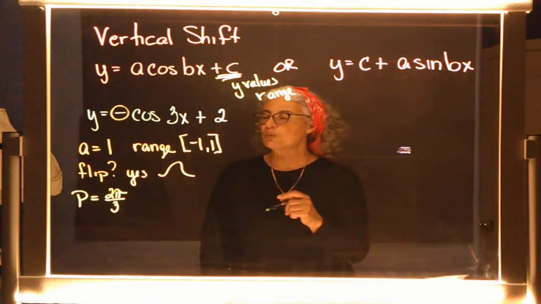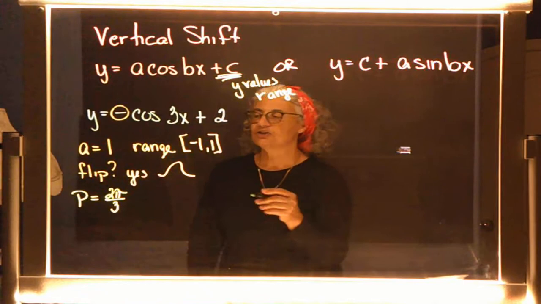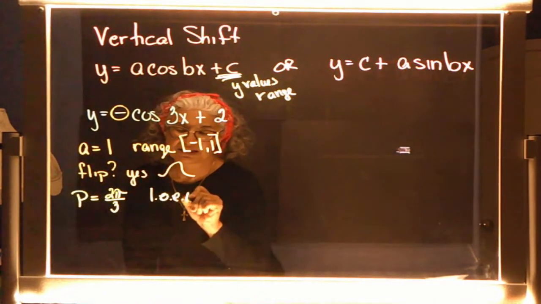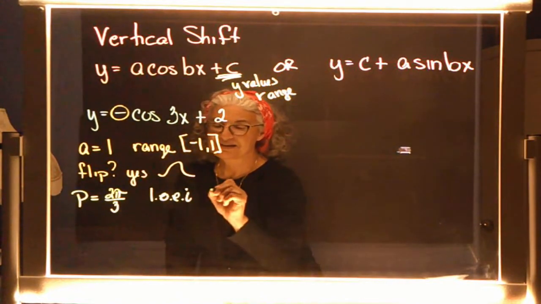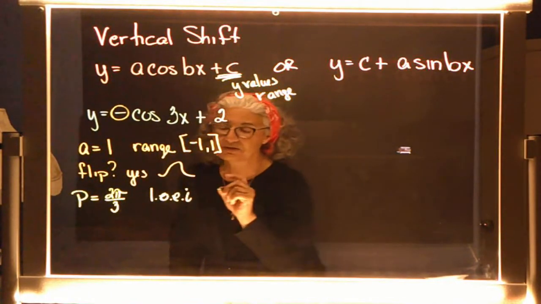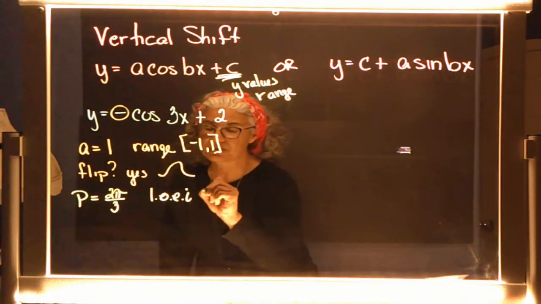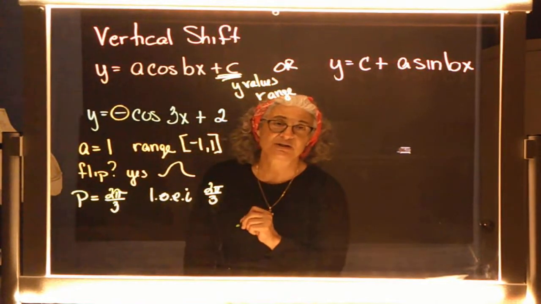Okay, so when you identify the period, you should also identify what? Good. The length of each interval. And how do I find it? I take the new full angle rotation of a circle, which in this case is 2 pi over 3, and you're going to do what?